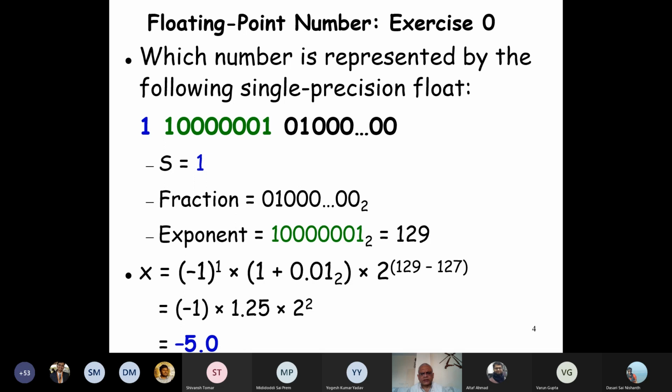And the exponent part is 129. And if we represent that, it becomes 1.25. We added the implicit 1 here, 1.25 times 2 to the power 2, which is -5, -5.0. That's the answer.